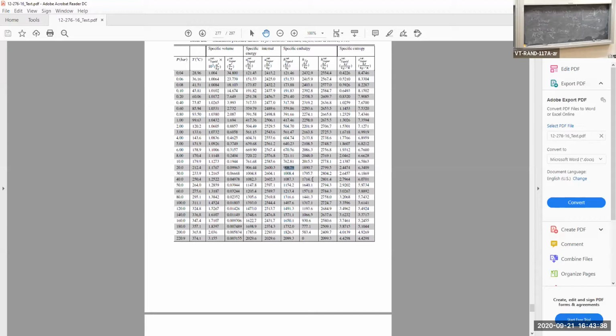And then we have HFG, the enthalpy change from fluid to gas, 1890.7 kilojoules per kilogram.